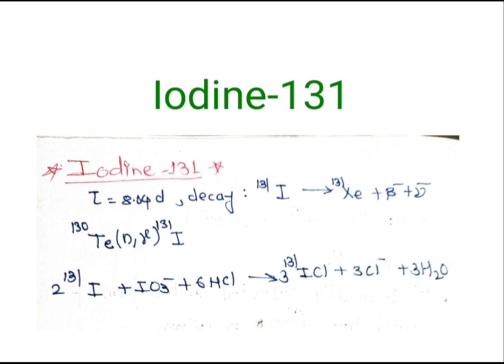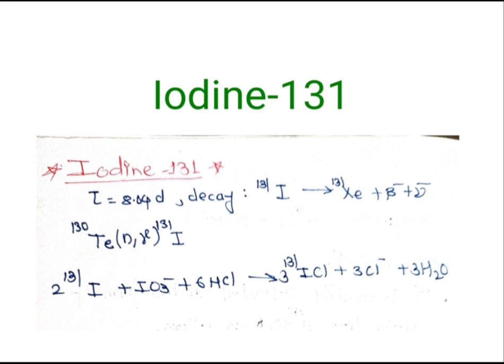Here is one more reaction which I have written. Te131 decays with a half-life of 25 minutes into iodine 131, which is very short-lived. Radioiodine is generally prepared only when it is needed and is marketed as a carrier-free solution of sodium iodide in sodium sulfite with a pH around 8. The radioiodine is easily converted into iodine monochloride by treatment with potassium iodide and hydrochloric acid.